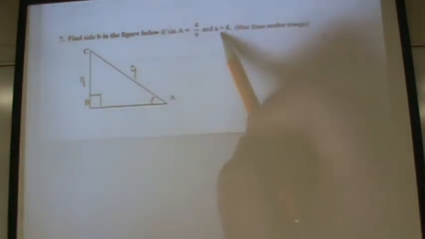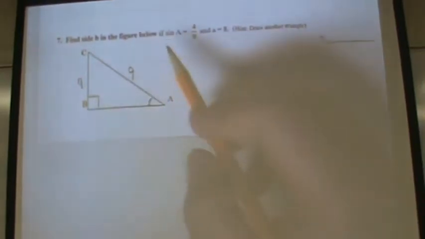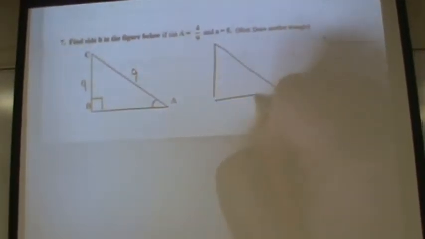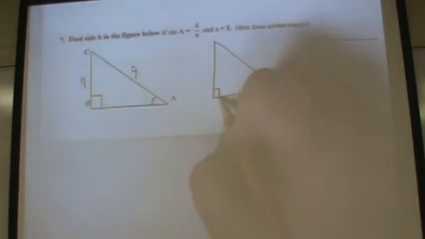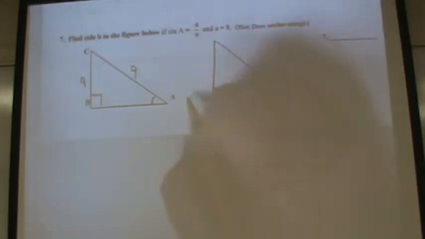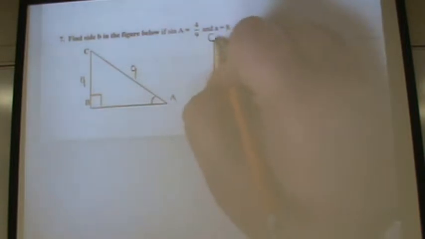And then we're given that side A equals 8. So we need to draw another triangle, and label it the same as the other one.